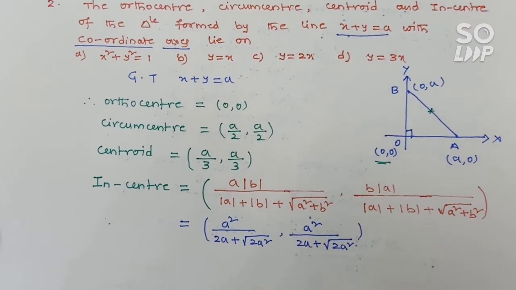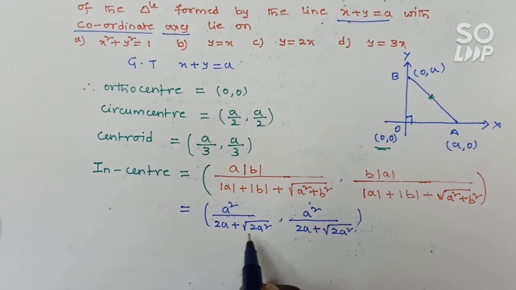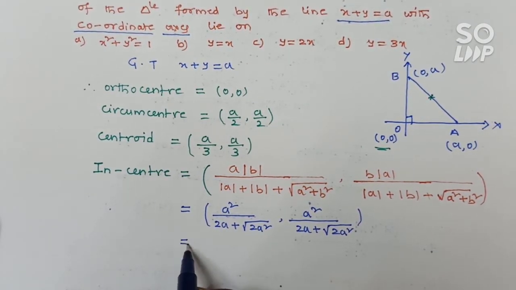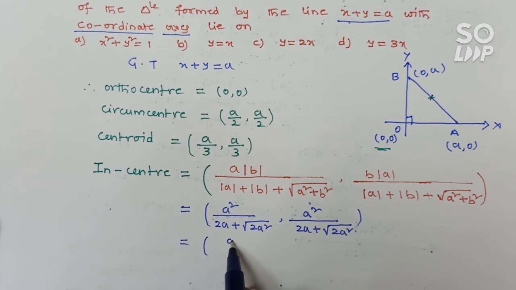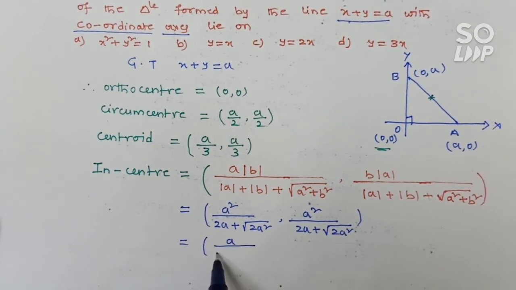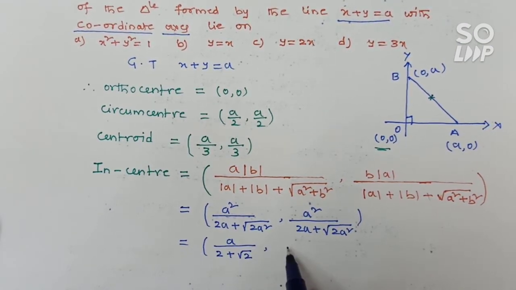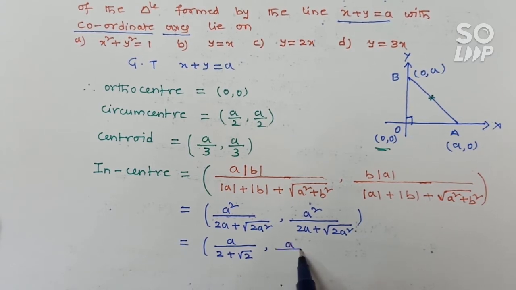Now in the denominator you can take a as common. That value becomes a by 2 plus root 2, comma a by 2 plus root 2.